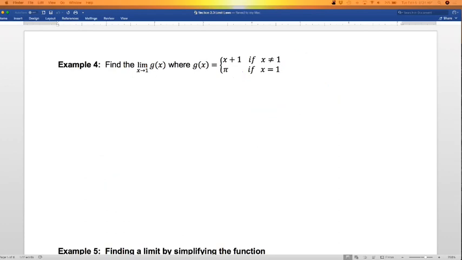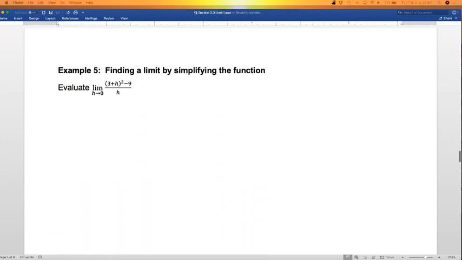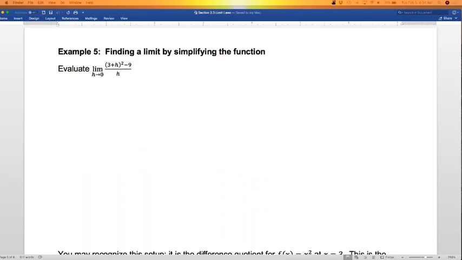So moving along, the rest of this lesson covers a lot of usages of these laws. So we want to evaluate the limit as h approaches 0 of (3 plus h) squared minus 9 over h.